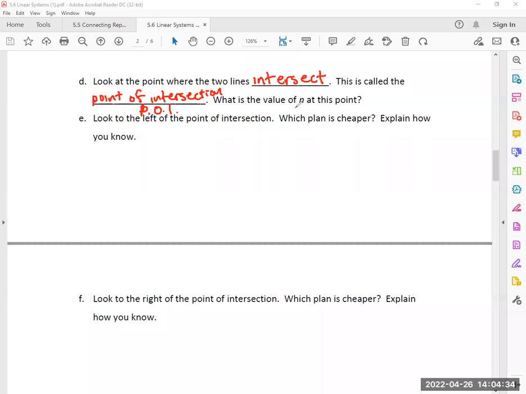What is the value of n at this point? Please take a look at your graph. What is the n at the point of intersection? That's not n. What is n? Yep, 10 days.